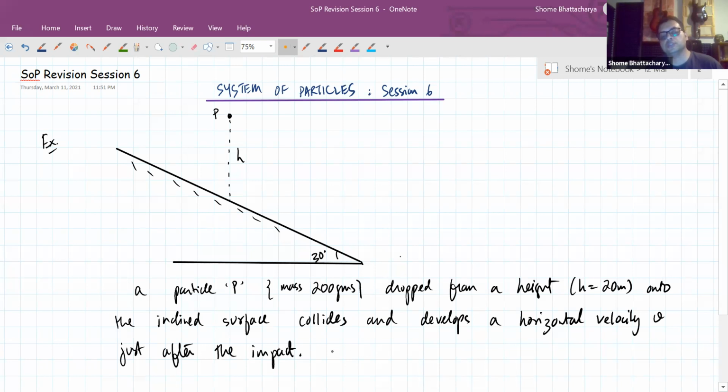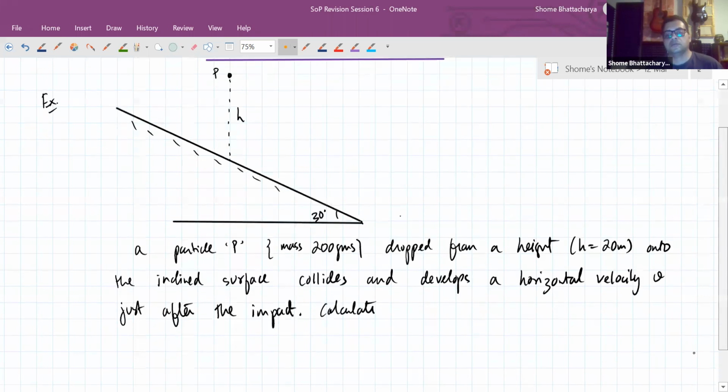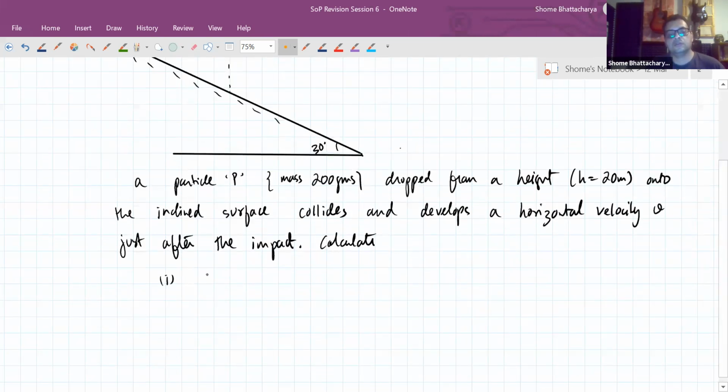So what we want to do here is calculate the value of this horizontal velocity v. We take g as 10 meters per second square. Secondly, we want to calculate the coefficient of restitution for the collision.